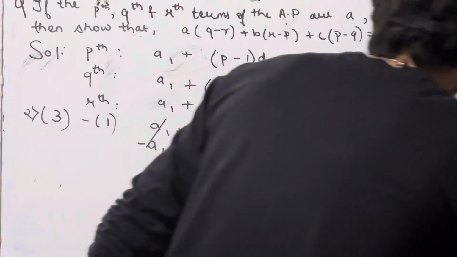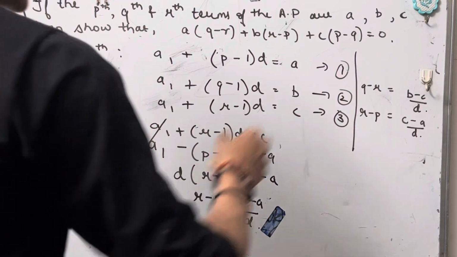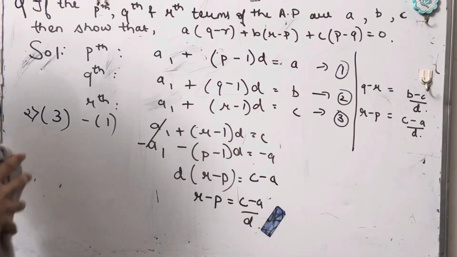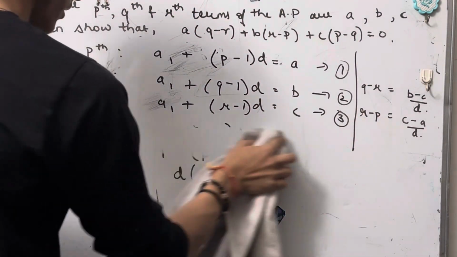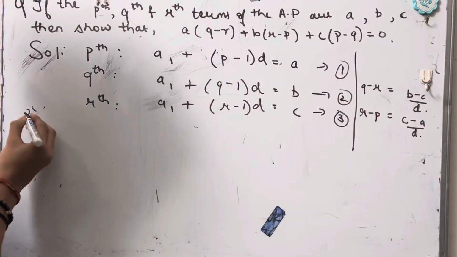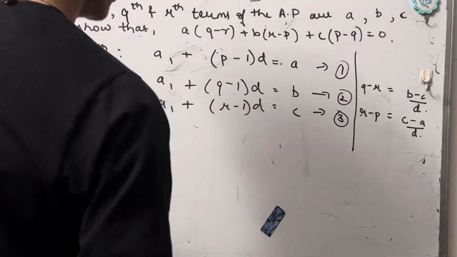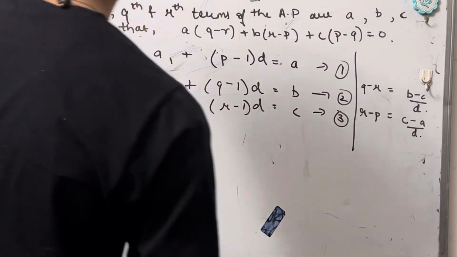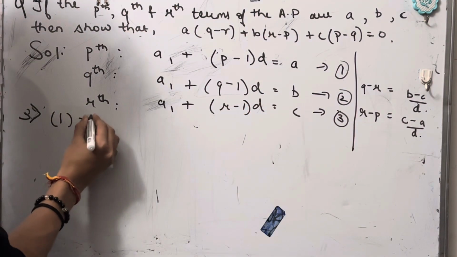Now I have got two values. Now I need to find the value of P minus Q. Now that you know how to solve this, in the third step we will subtract equation 1 and equation 2, equation 1 minus equation 2.